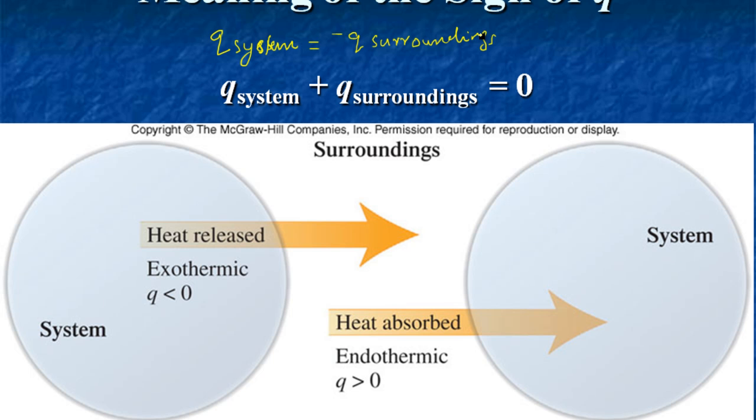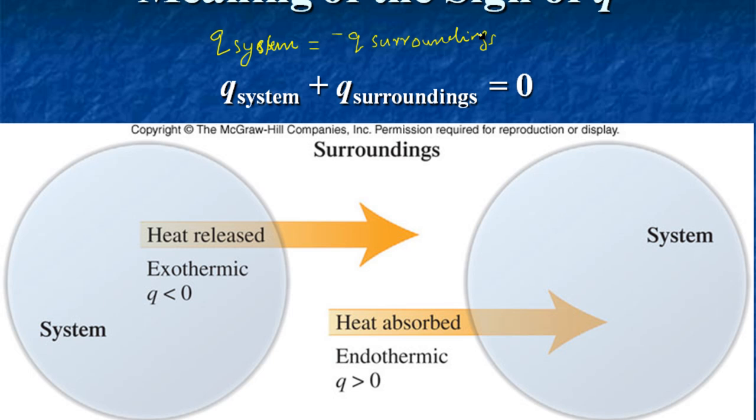right? Because we said that the heat lost by the system is absorbed by the surroundings, exactly the same amount of heat, right? But it's just that they are opposite in signs. Their numbers are exactly the same, but their sign is opposite.